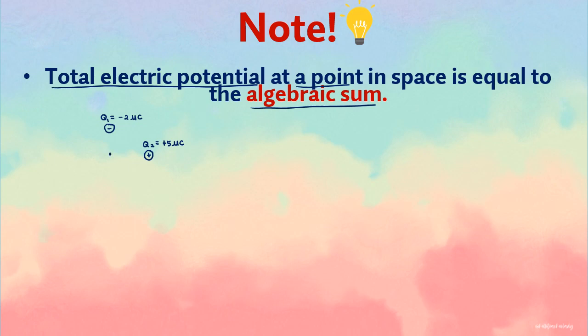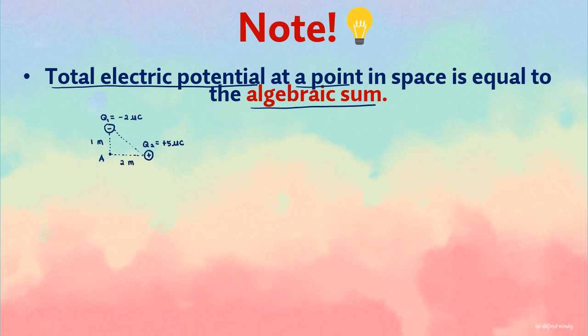Let's say we label it as point A. From point charge Q1 to point A is, let's say, 1 meter, and point charge Q2 to point A is 2 meter.